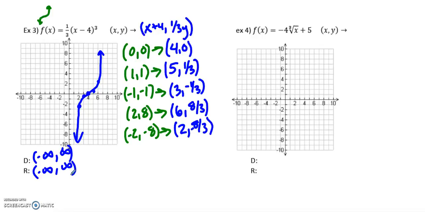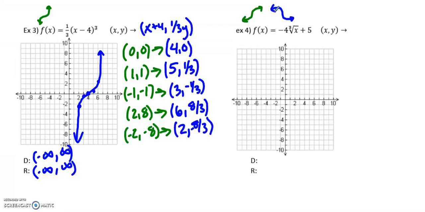And our last example for the first set here is a cube root function. So if I go back to a cube root, I know that cube roots look like that typically. But since he's been reflected right there, my cube root is going to be flipped upside down. So he's going to be going down and over.